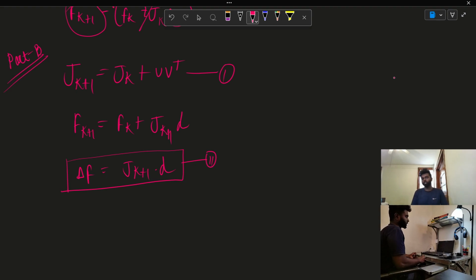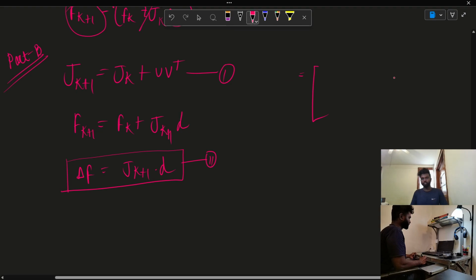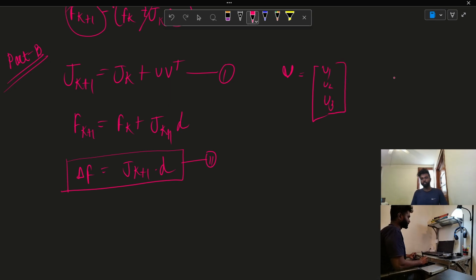Let me show you what u and v are. u and v are nothing but column vectors. u has components u1, u2, u3.